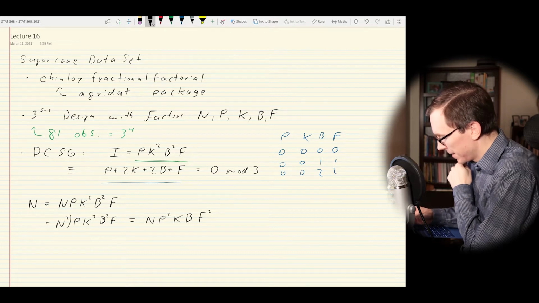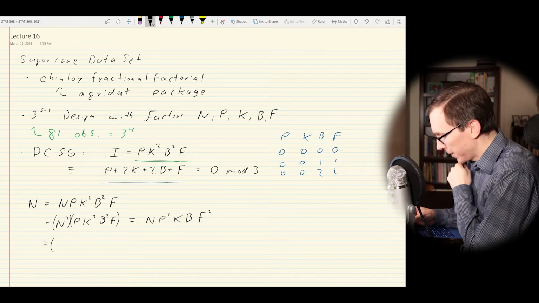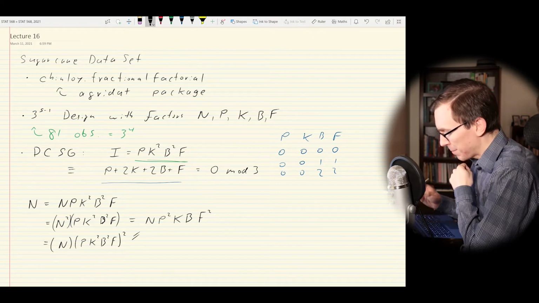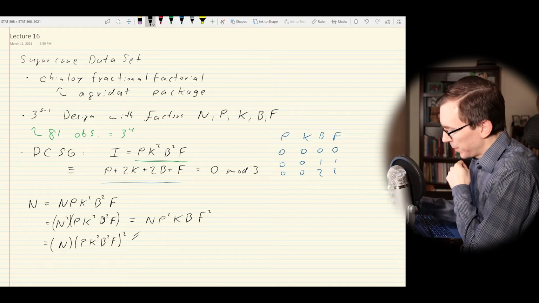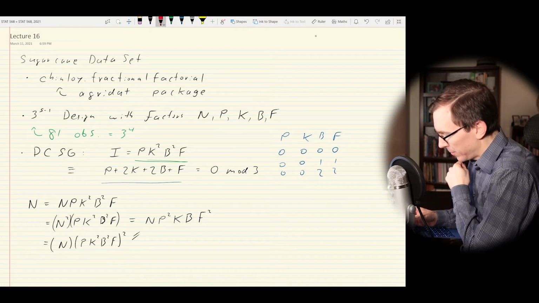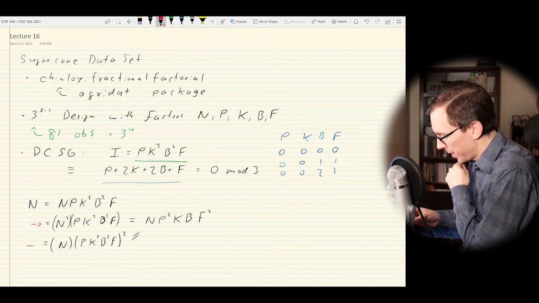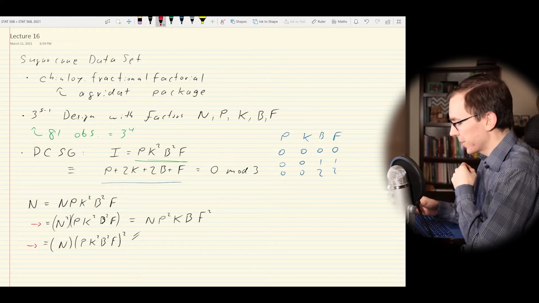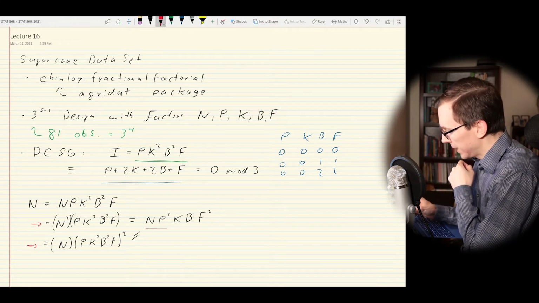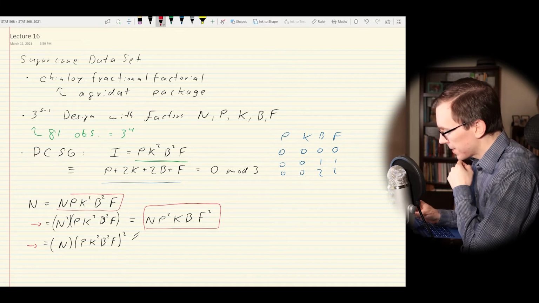Alternatively, if we put the parentheses around it, I could write this as n p k squared b squared f, all squared, which is also going to equal the same thing. So it is good to know that whether I square n or I square the four-way interaction term, when I reduce it, I'm going to get down to the same term. So these are the three things that are aliased together.